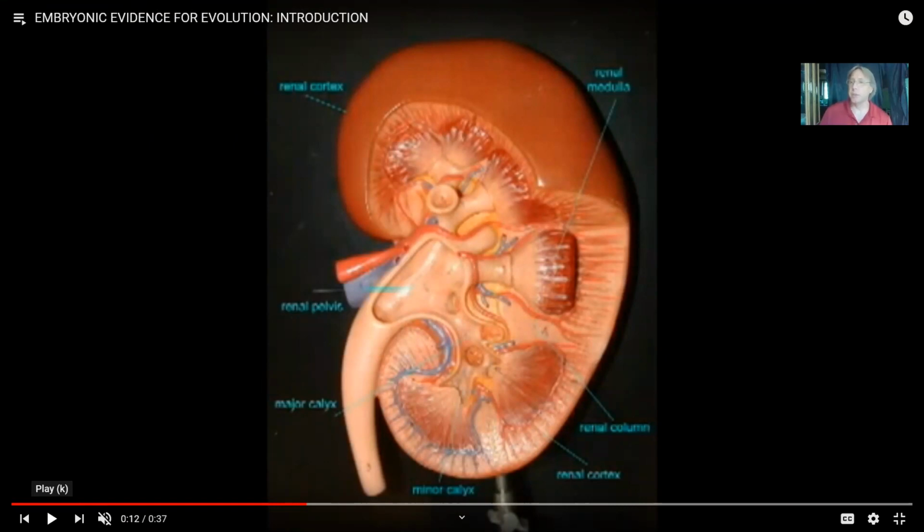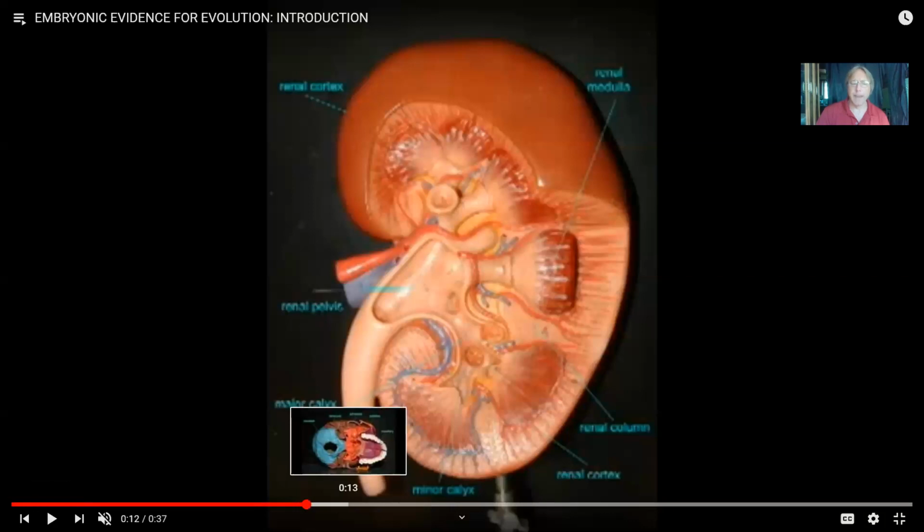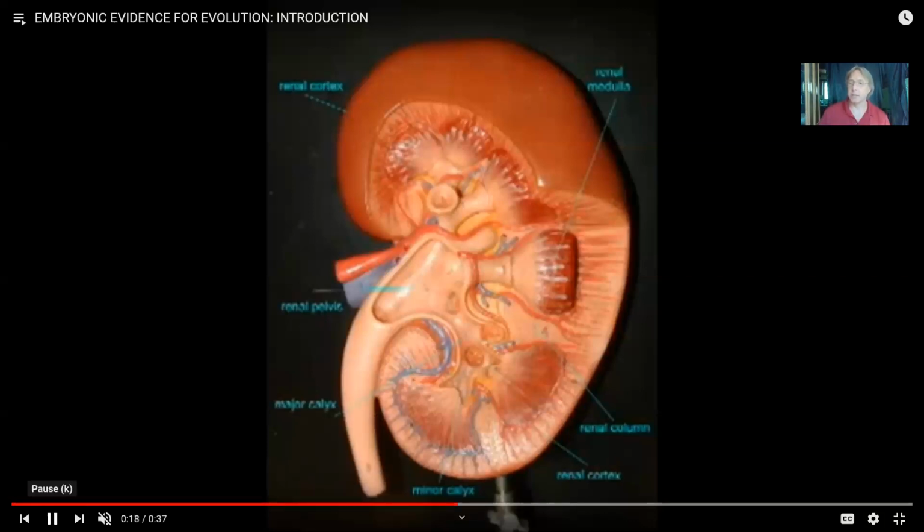And if the creation model is correct, then that would be expected, that these human embryonic structures who only appeared as precursors to the human form would then have a simple human form and then would simply become larger. But that is 100% not what is observed.